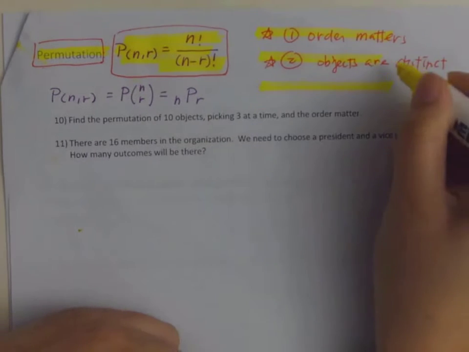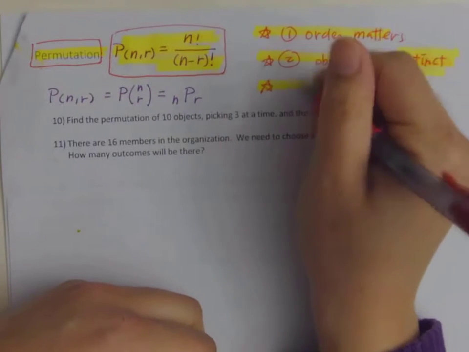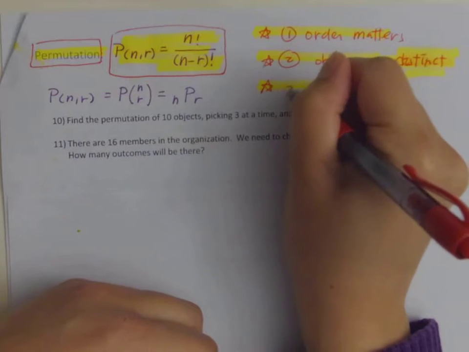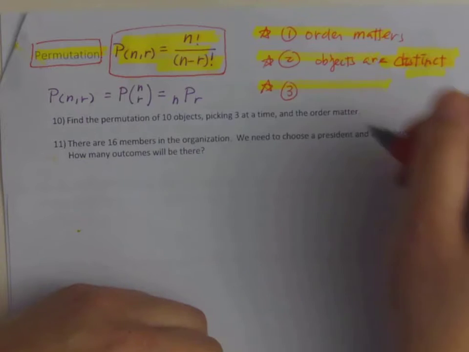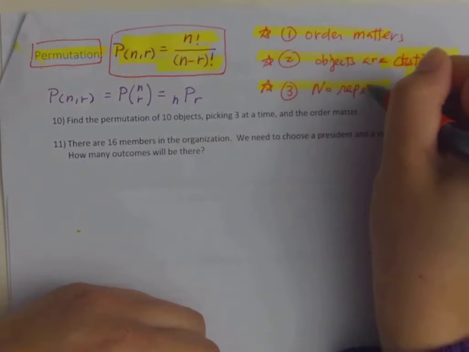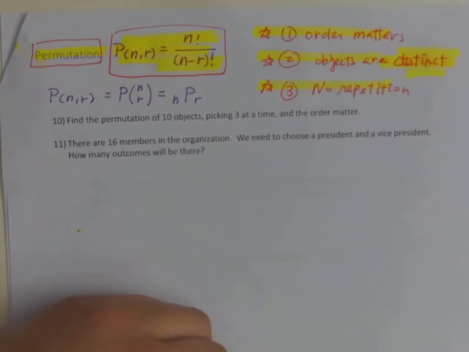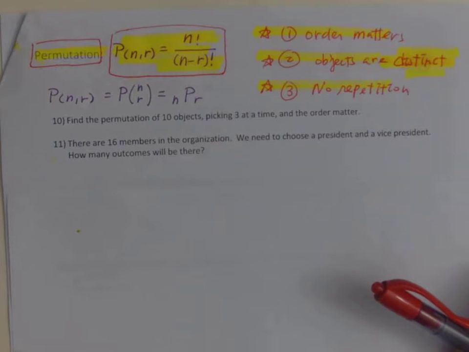Maybe you're choosing a president, vice president, or treasurer, or you're picking 3 prizes: first prize, second prize, third prize, etc. So not just picking 3. And there are no repetitions. Earlier, sometimes you could repeat numbers, etc. So for permutation, order matters, each object is distinct, and there are no repetitions.